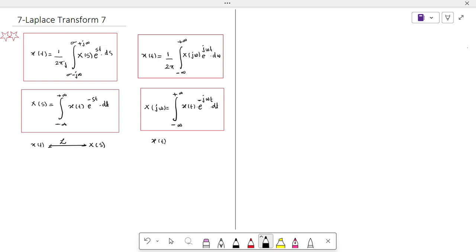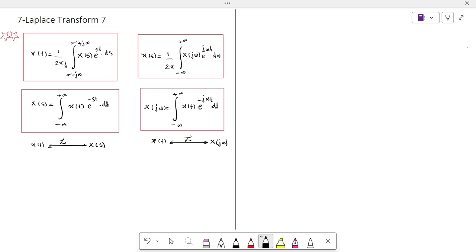So this is the case for the continuous time Fourier transform, that is x of j omega. This is related to the Laplace transform: once you substitute s equal to j omega here, it becomes the continuous time Fourier transform.